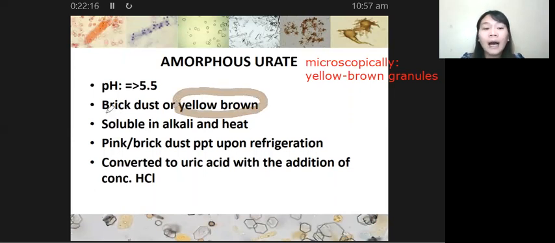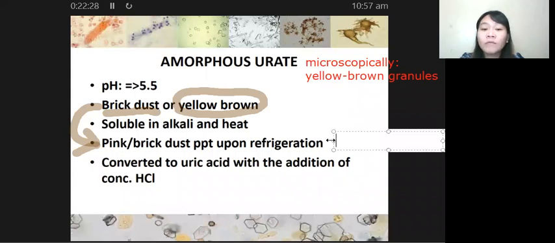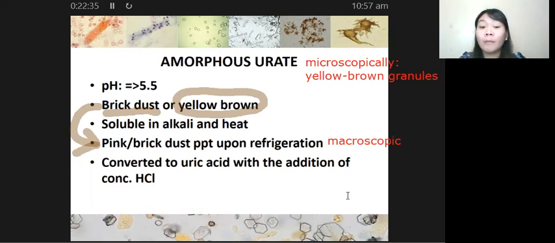And then the brick dust, why did I place that there? Let us just relate it here. So pink brick dust precipitate is the macroscopic appearance of your amorphous urate. And your pink brick dust precipitate is even more distinct upon refrigeration.